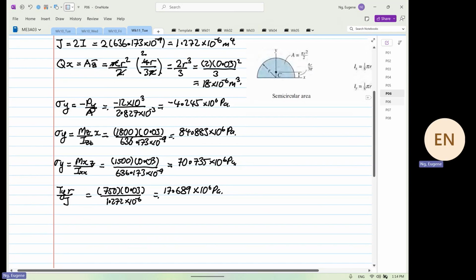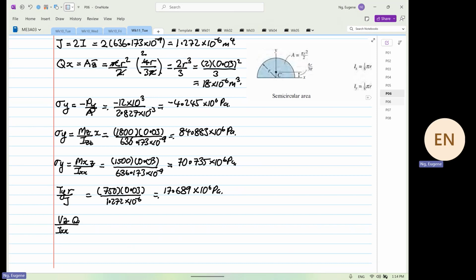And lastly, we have VZ over IXX, QX divided by T. This will be equal to 5 times 10 to the power 3. We calculated our QX is equal to 18 times 10 to the power minus 6. Divide by IXX, does not matter, or IZZ, 636.173 times 10 to the power minus 9.